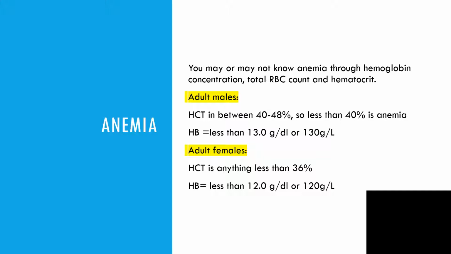Yes, you can make the diagnosis, but if there is massive bleeding and you take the sample to measure these parameters at the onset of the bleeding, you are not going to get the exact picture, because you'll still be getting the parameters from before the onset of the bleeding. So with immediate, massive bleeding, if you take a sample immediately and want the correct values, you are not going to get them.